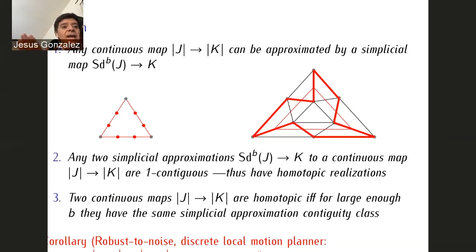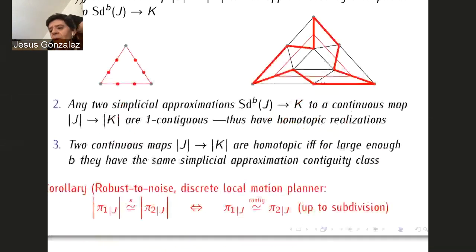And then these two simplices can easily be moved from one to the other. So two approximations of a given map are one-contiguous, and of course, being one-contiguous, they are homotopic by linear movements. And you can extend this to an equivalence relation and consider these equivalence classes, the contiguity classes.